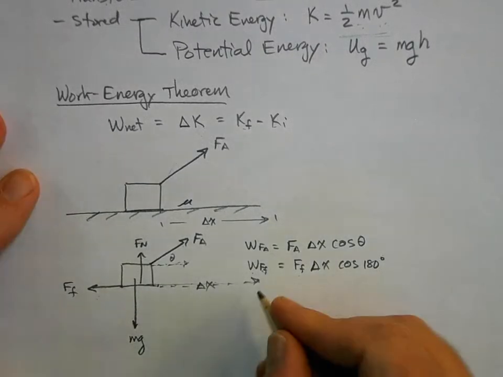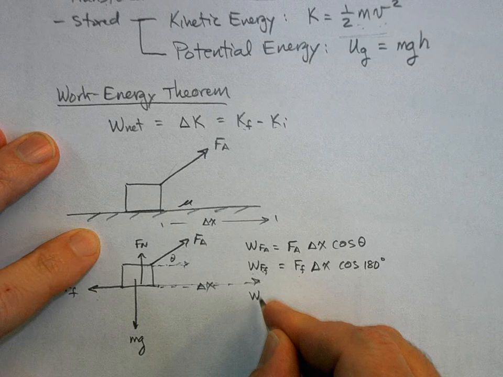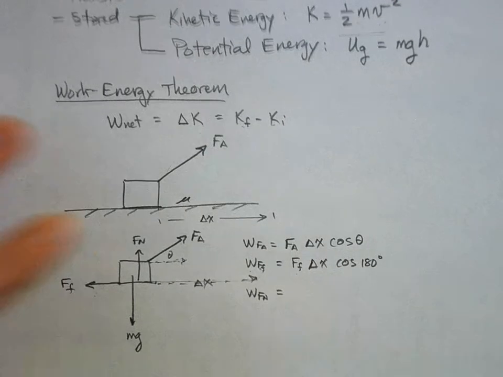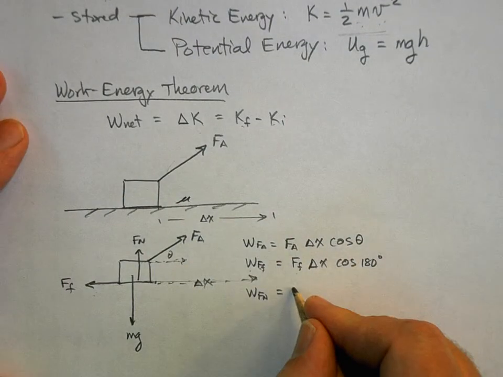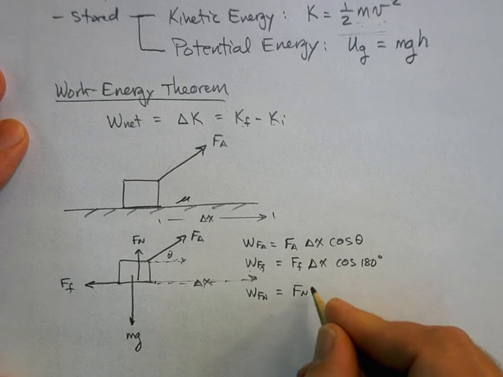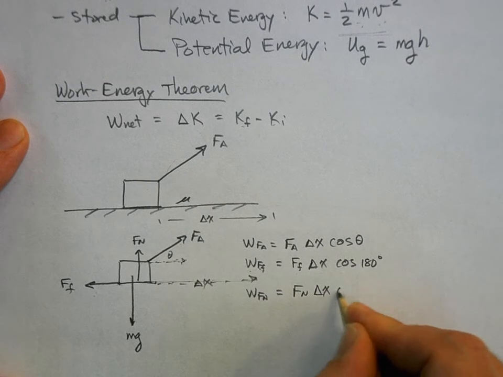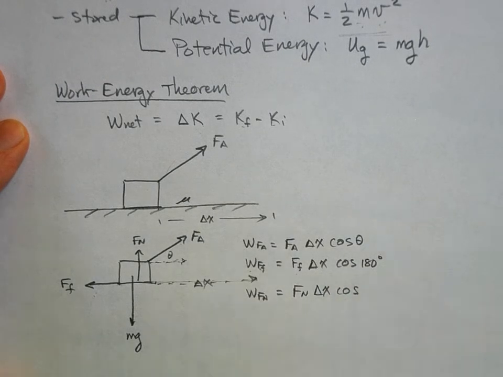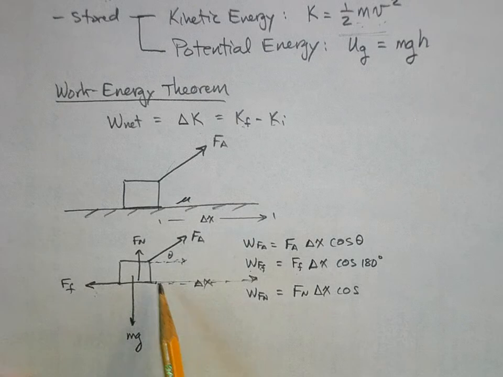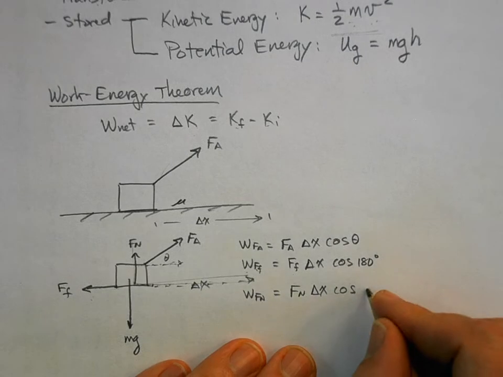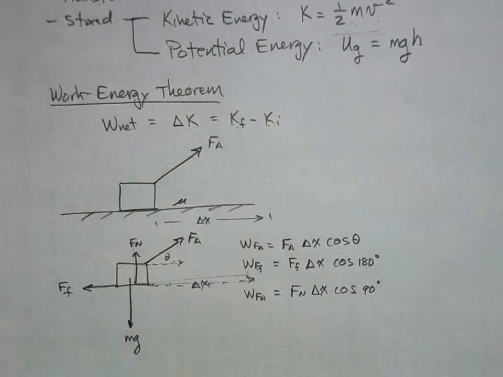Now let's take a look at the work done by the normal force. Well, it's the normal force times delta x times the cosine of, now what is the angle between the normal force and the displacement? It's 90 degrees. Now what is the cosine of 90 degrees?